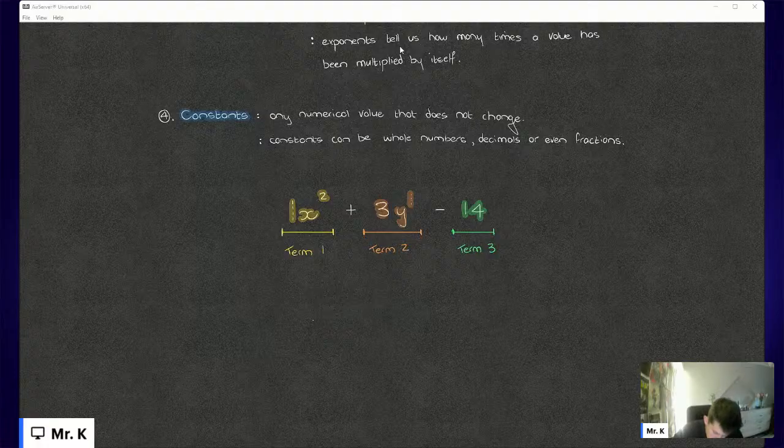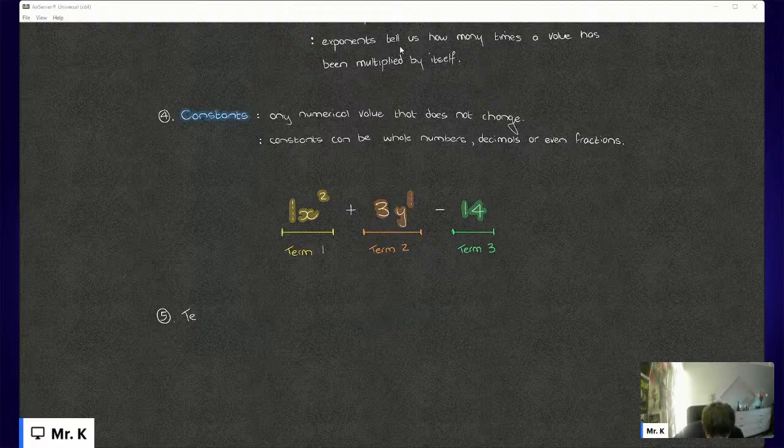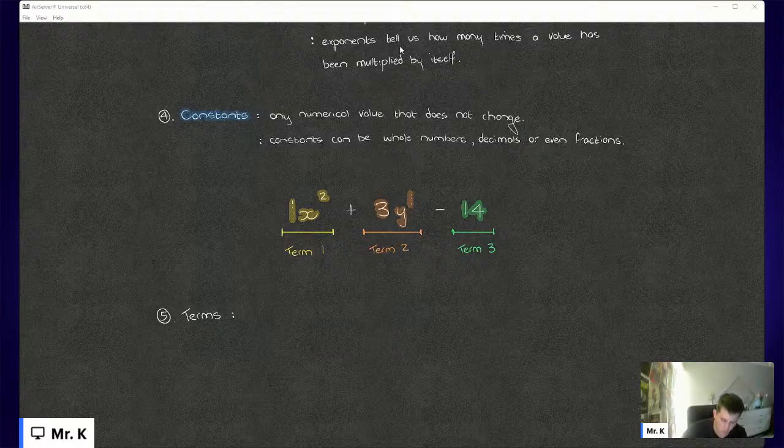So, what are these terms that we've been talking about? Let's write down some information about them. What are terms?